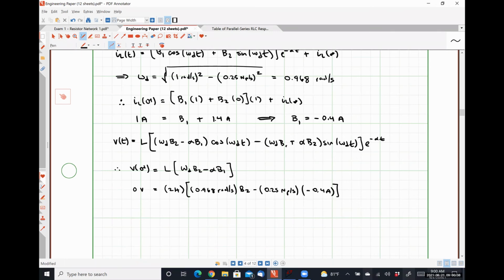And we can solve this one equation, one unknown, and get a value for B2. So I find that B2 is equal to negative 0.103 amperes.